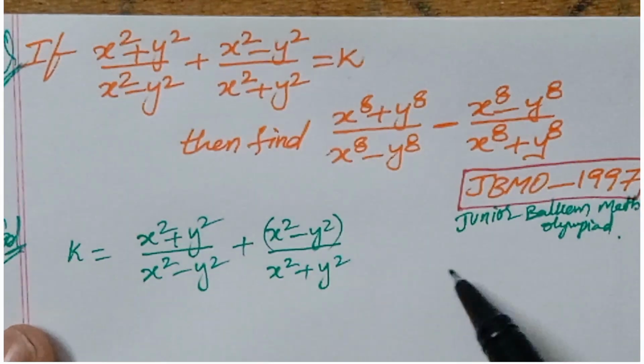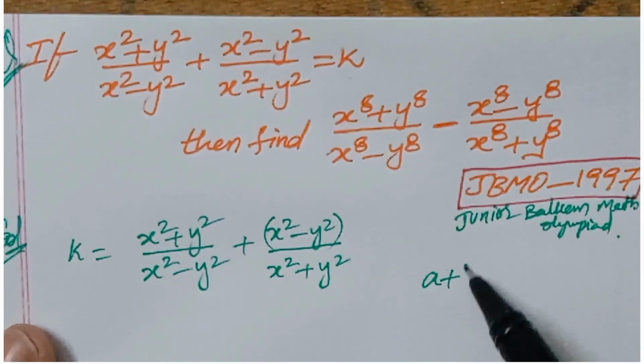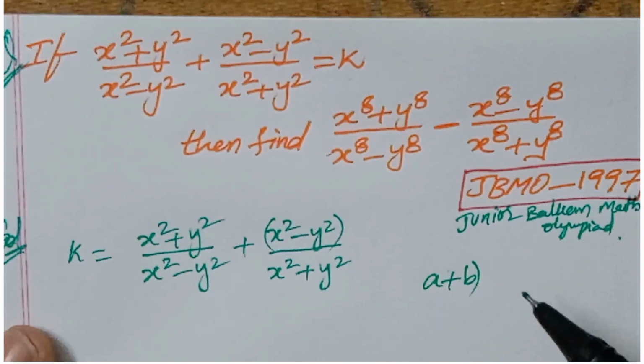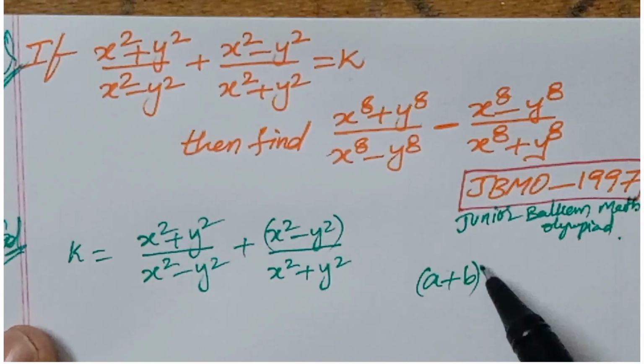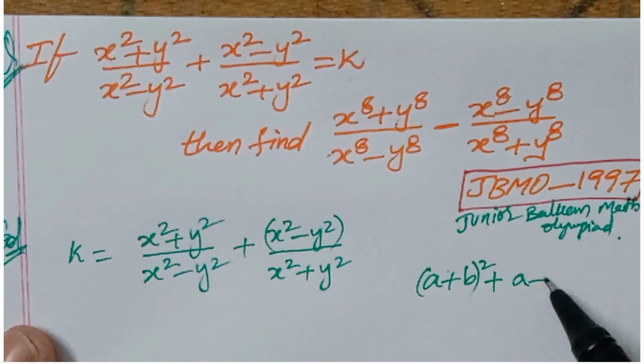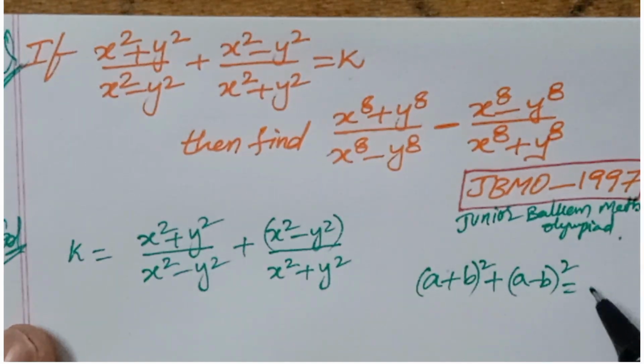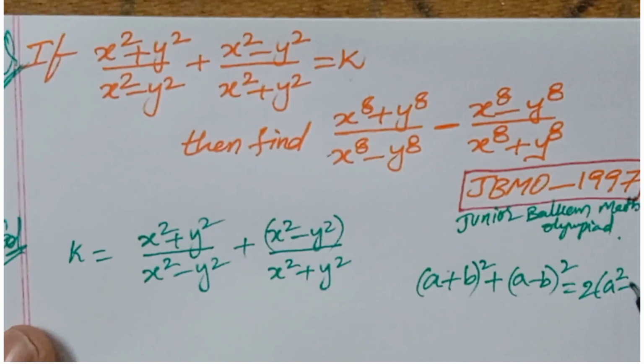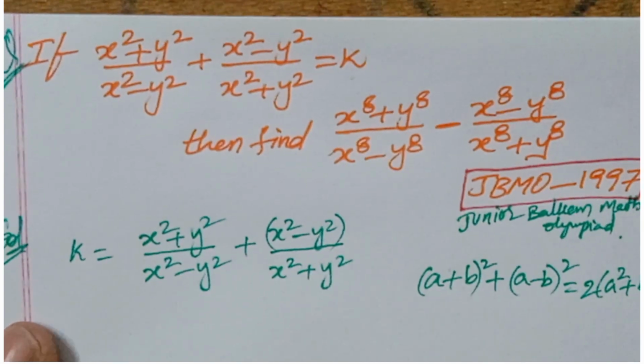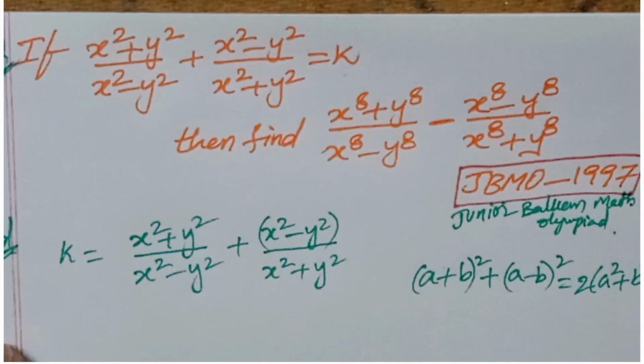Here we have one formula: (a + b)² + (a − b)² = 2(a² + b²).